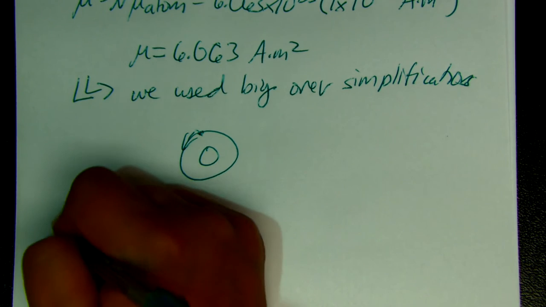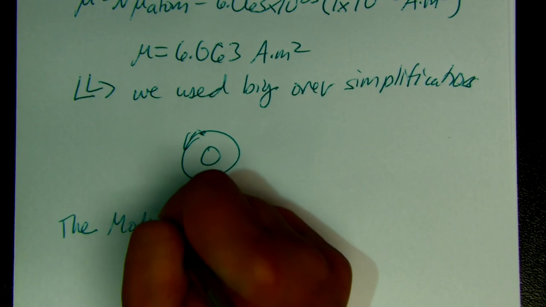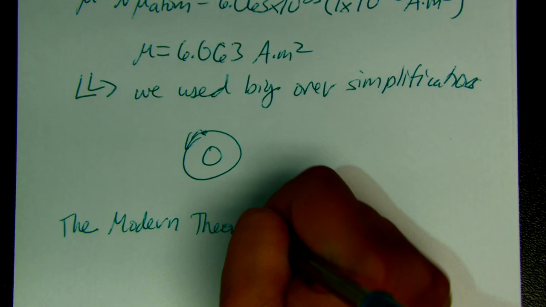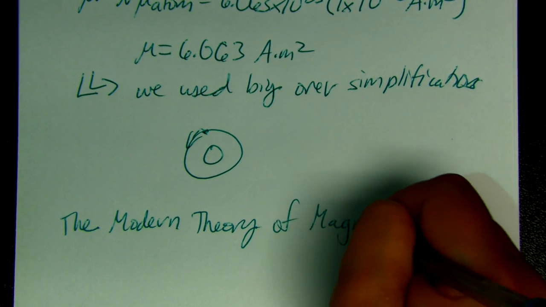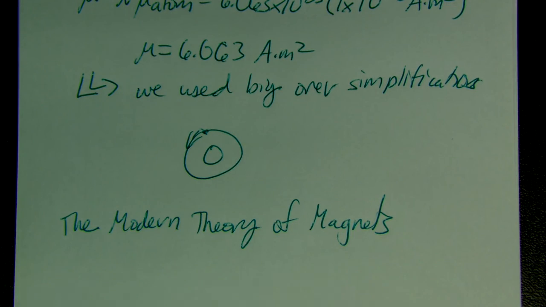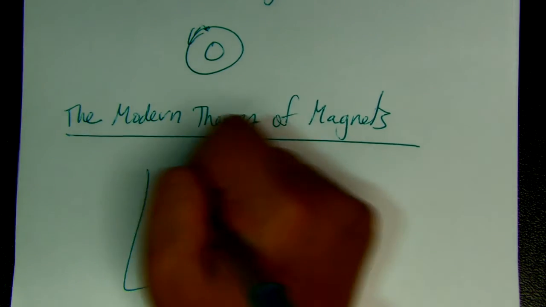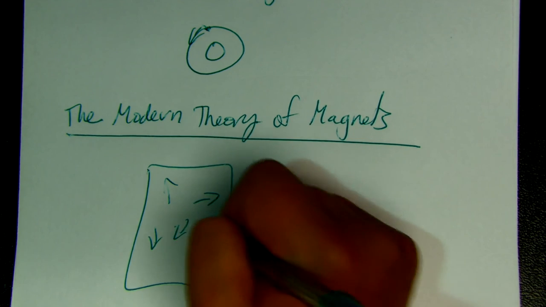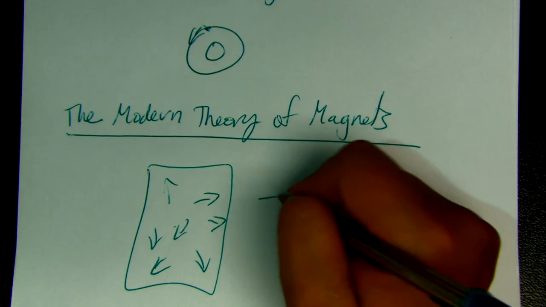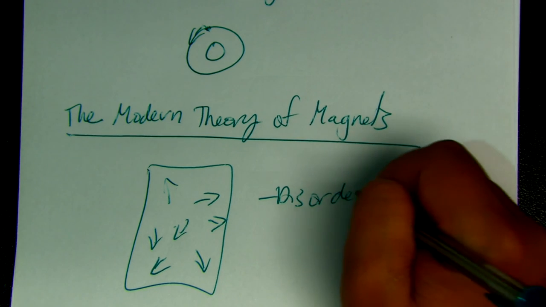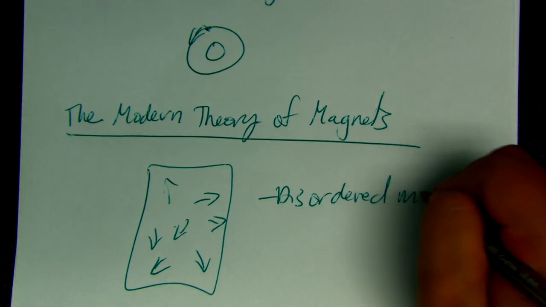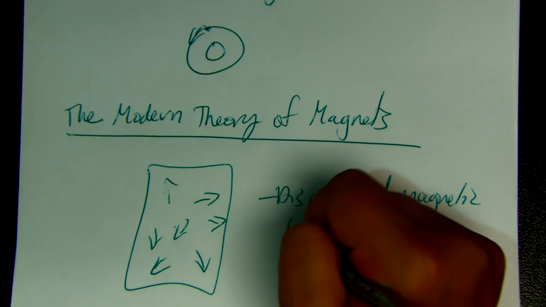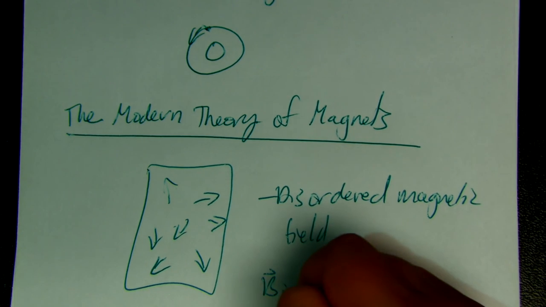All right, so let's go look a little bit at the modern theory of magnets. Basically, you need to have all of your dipoles aligned in just a way to get a magnet. You've probably picked up iron that doesn't act like a magnet, and that's because it has a disordered magnetic field. So the magnetic field of this piece of iron would be 0.